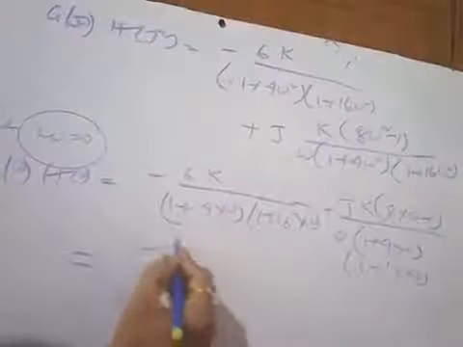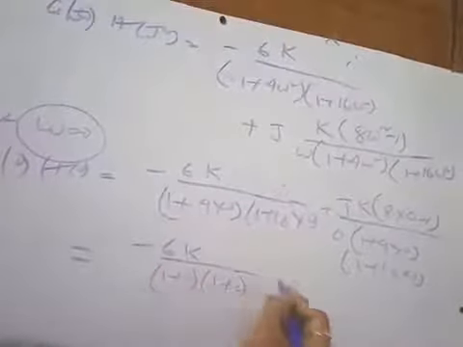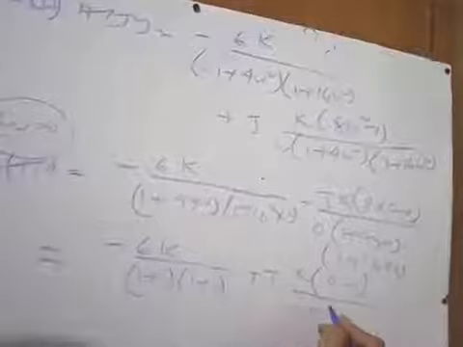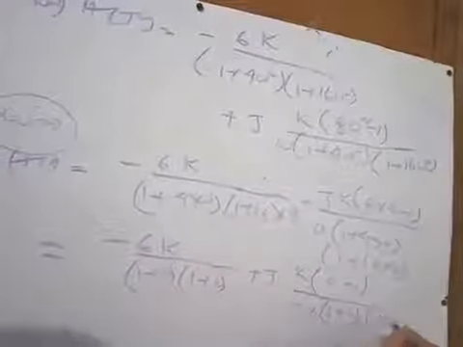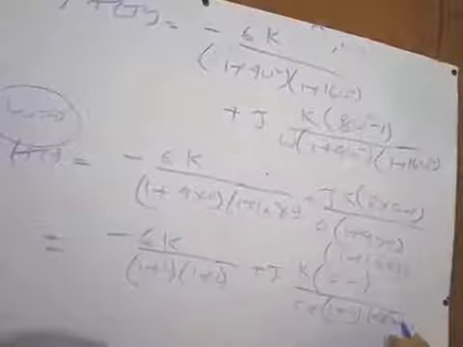So this is minus 6k divided by 1 plus 0 into 1 plus 0, plus j k into 0 minus 1 divided by 0 into 1 plus 0, 1 plus 0.